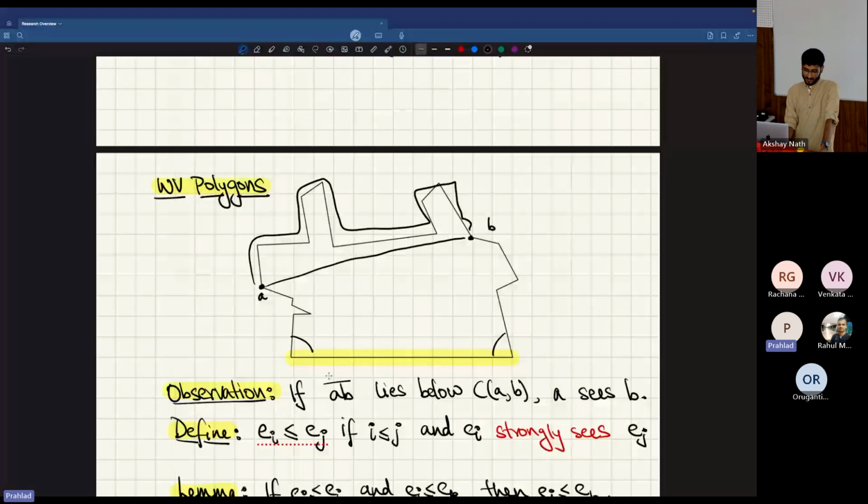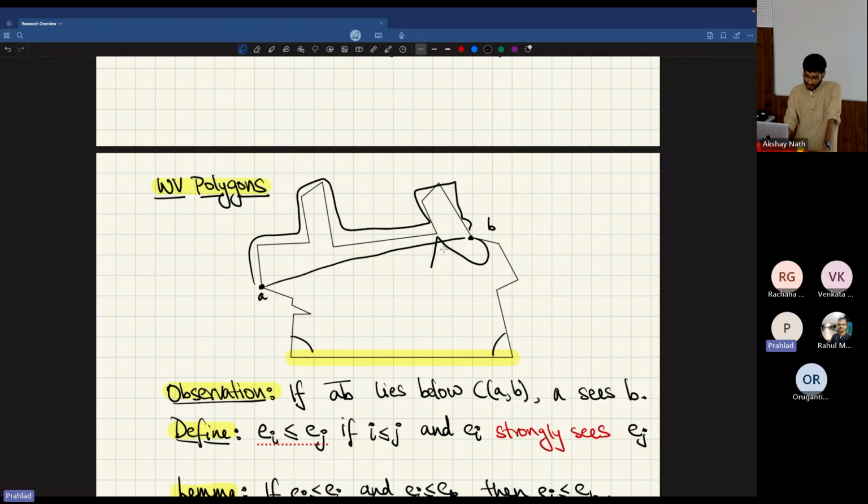The fact is that the converse is also true: if the curve lies above AB, then A sees B. Essentially, what I'm saying is that you can't have something like this come and interrupt A seeing B. Why is that?